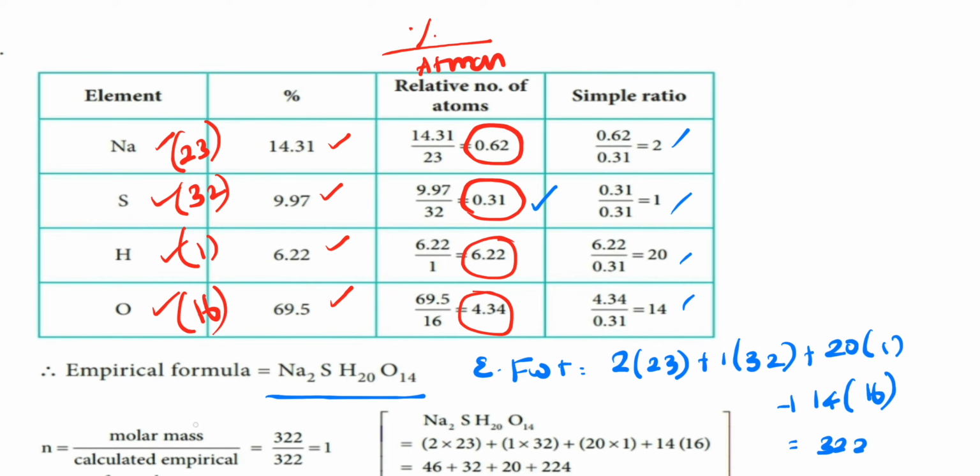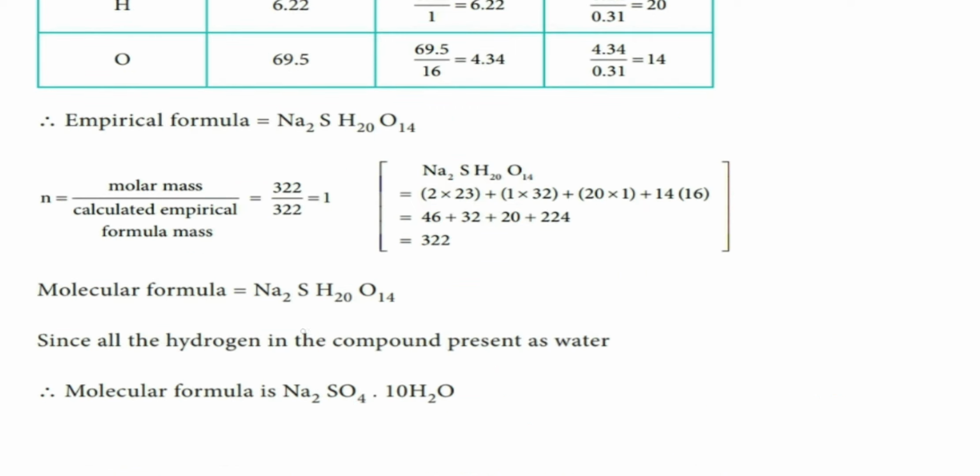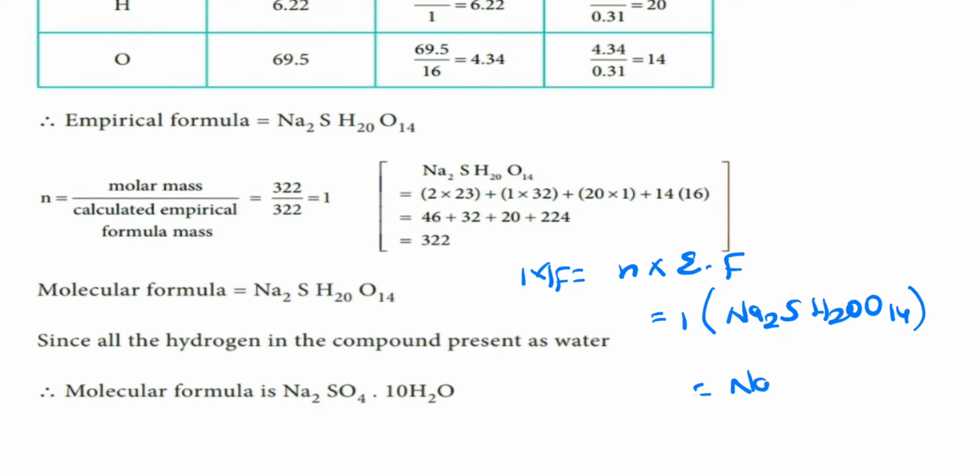The molecular formula weight given is 322, so n is 322 divided by 322, which is 1. So the molecular formula is n into empirical formula, with n equal to 1: Na2SH20O14.